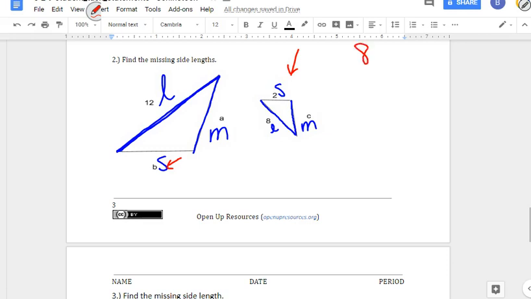So if I take 8 divided by 2, my common ratio for long to short is 4. Long divided by short. So I can use the number 4 to find out any long side length or any short side length. I cannot use that to find out a medium side length.